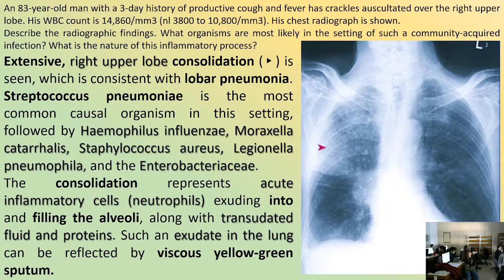Viable means that we see nuclei in the neutrophils, whereas in the necrotic area within the cavity, we do not see nuclei because this is pus. We see nuclear dust there.